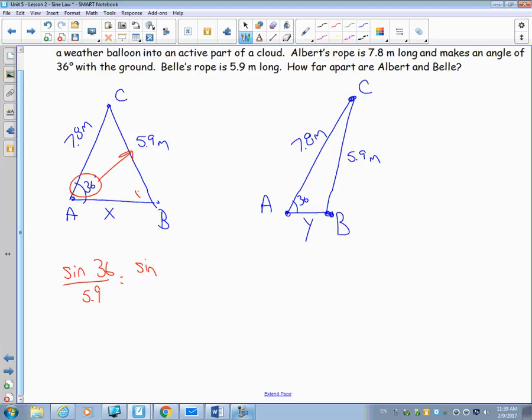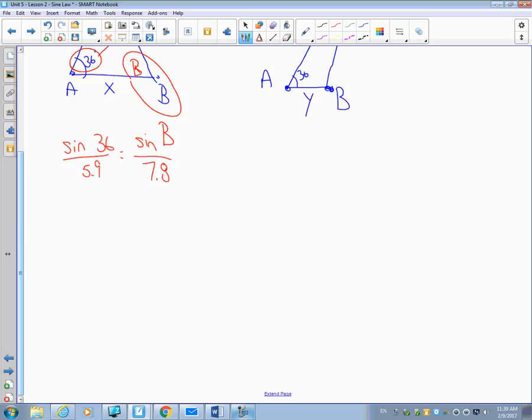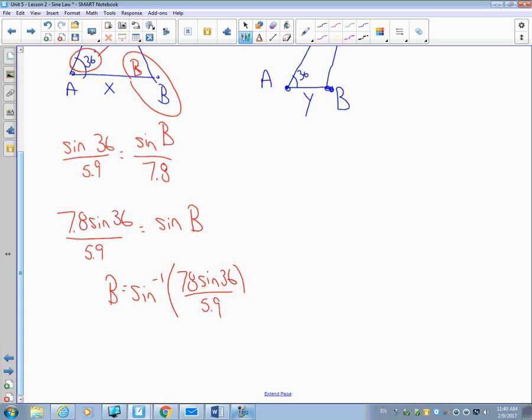Let's call this letter B, because that's the angle. So the sine of B goes with 7.8. We can do our good cross multiplying. So 7.8 times the sine of 36 equals 5.9 sine B. We can take the inverse of that big mess of numbers, 7.8 sine 36 over 5.9.